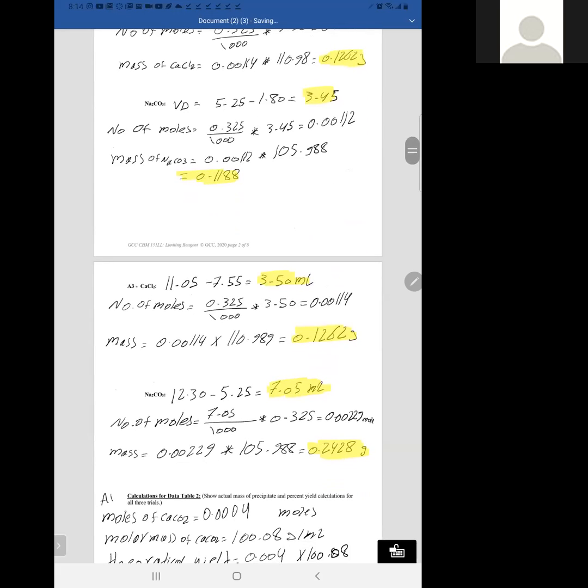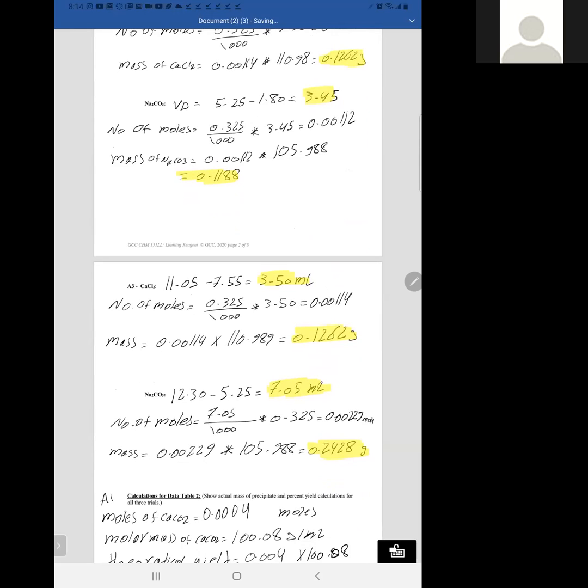And then lastly for A3, we have our volume of 3.5 milliliters, which is the same volume as A1 and A2. So after we convert that to moles and multiply by the molar mass, we get the same moles of 12.62, or same grams of 0.1262 grams.